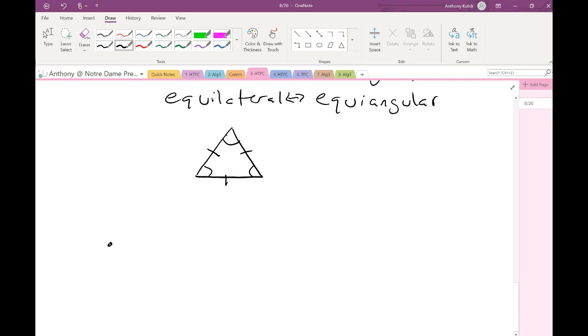Let's think here. We still got some minutes to do a little bit more here. So we have a triangle. There's some special segments that we can draw for a triangle. If you remember back to geometry, there's 4 different kinds of segments.